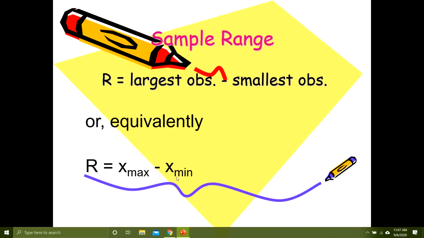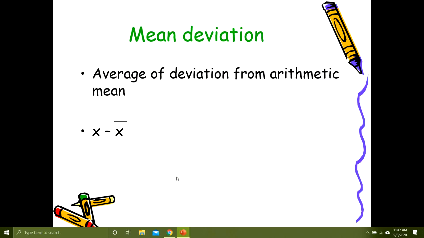As range does not give us a true picture, we want to calculate the mean deviation. By mean deviation we mean the deviation of any value from the arithmetic mean, that is, how much each observation in a data set varies from the mean of the data set. For example, I have taken a sample of 10 people and their hemoglobin levels, and for the measures of central tendency I have calculated the mean, X bar.